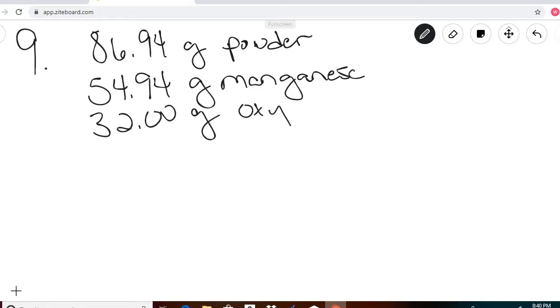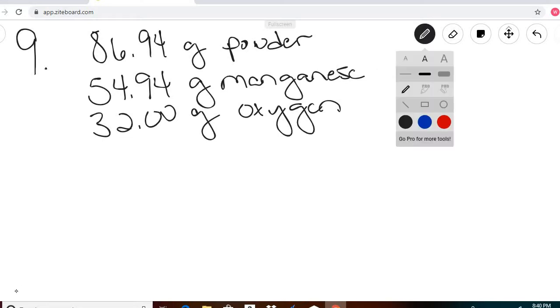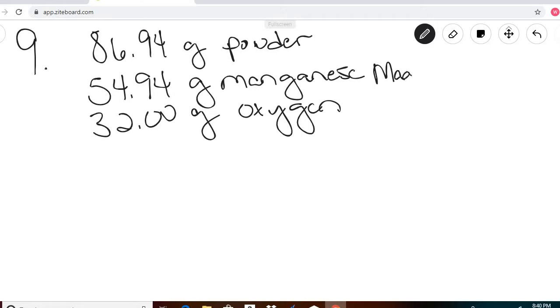And we determined previously, if we look at the ratio between the manganese to oxygen, manganese divided by oxygen was 1.717.